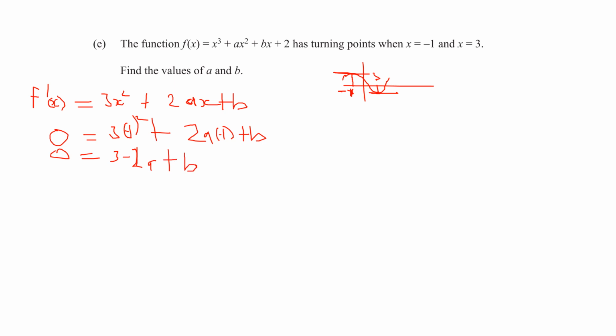Right? And then the 3 can go that side, and this becomes minus 3 is equal to b minus 2a.